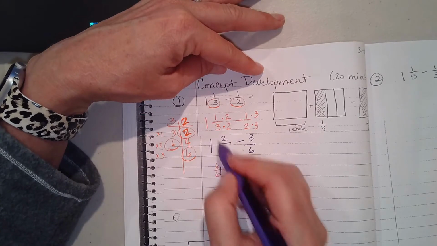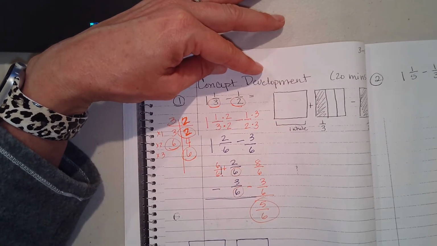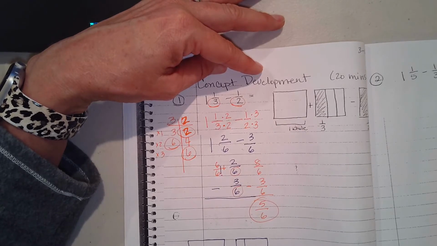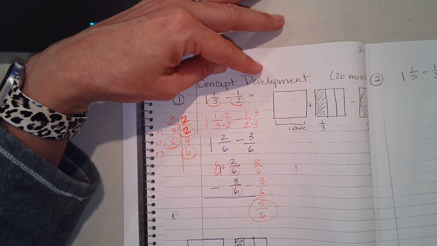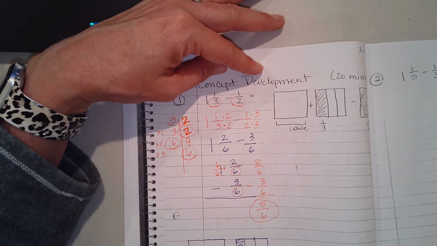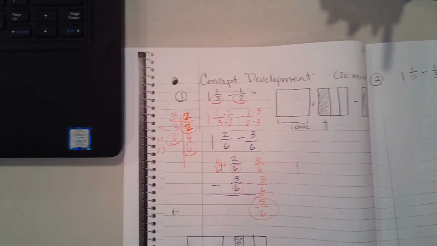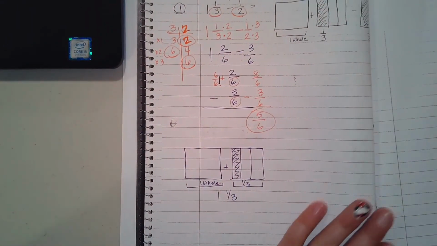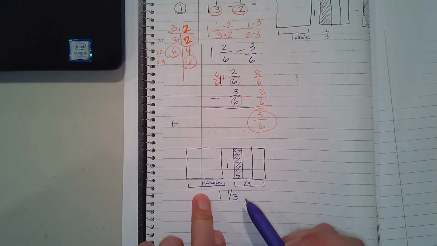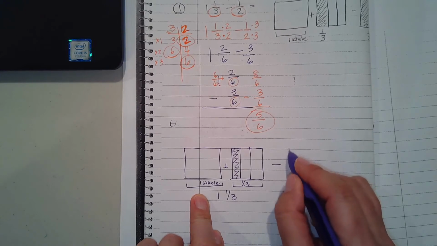And that's coming from right here. Plus, we had 1/3. So we had 1 and 1/3 from above, right? Oh, geez. All right. So we have 1 and 1/3. And we're trying to subtract a half from it.